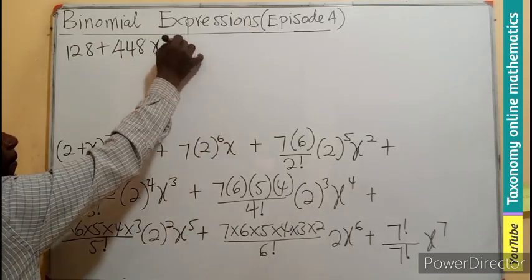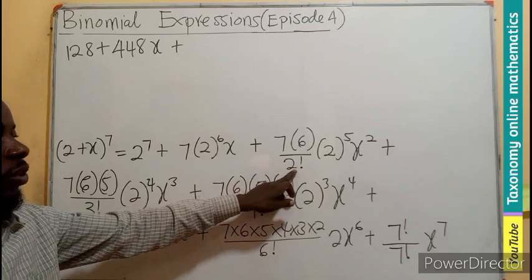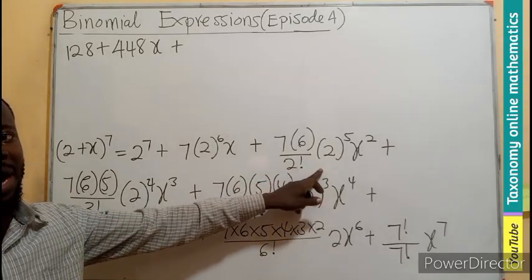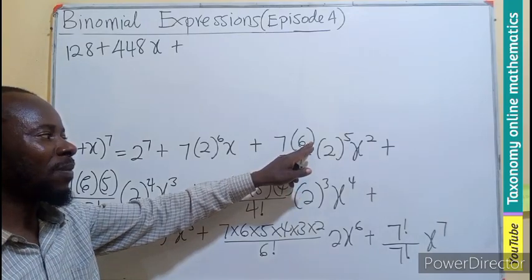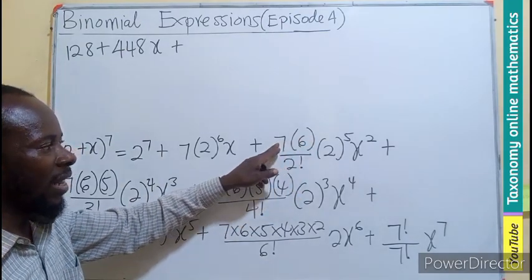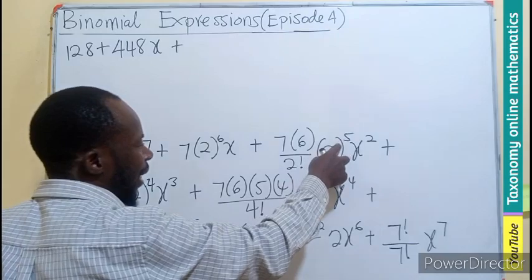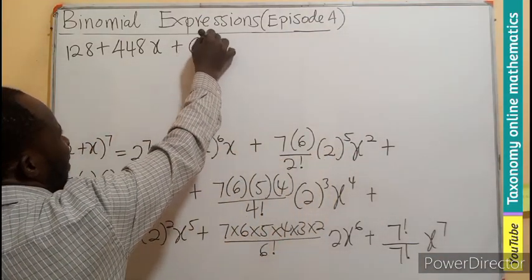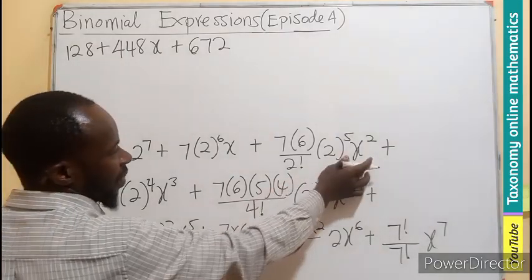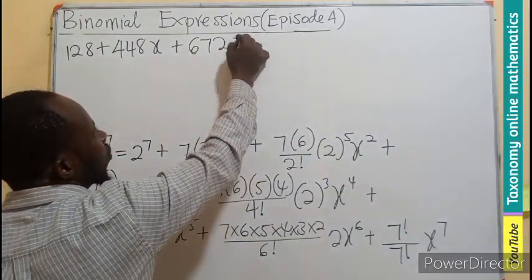Then x will come. Don't forget 2 factorial is 2 times 1, so 2 will cancel here, 3, right? Then 3 will multiply this, 21. 21 times 32 will give us 672. We have our x exponent of 2.